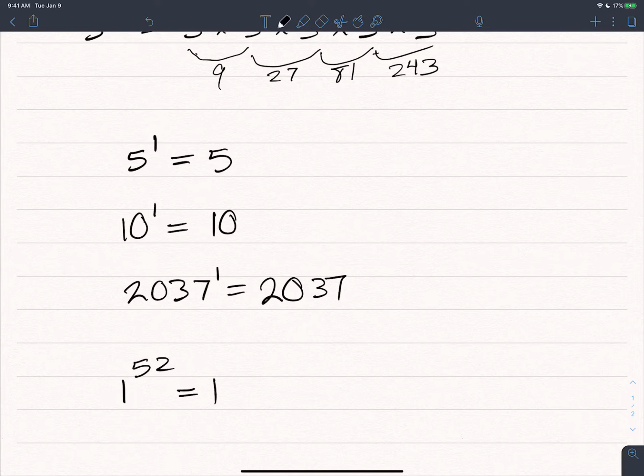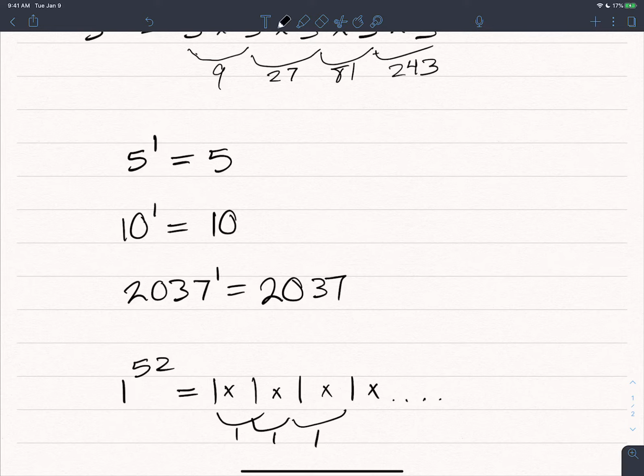We would do 1 times 1 times 1 times 1, and keep going. What's 1 times 1? That's just 1. Again, 1 times 1 is 1. It doesn't matter how many times we do it. If we keep multiplying 1 by itself, we could do it 1,000,000 times, and we will still get 1. So those are the 2 rules of 1.